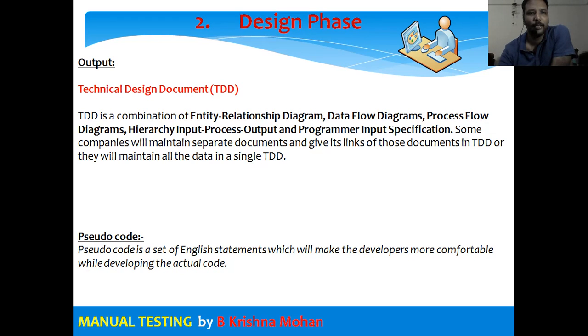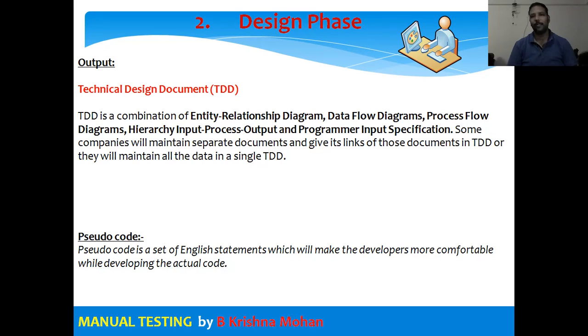And here the technical design document is the combination of the entity relationship diagrams, data flow diagrams, process flow diagrams, and hierarchy, input, process, output charts. And here, programmer input specifications. This is somewhat new, you might have heard of it or not.